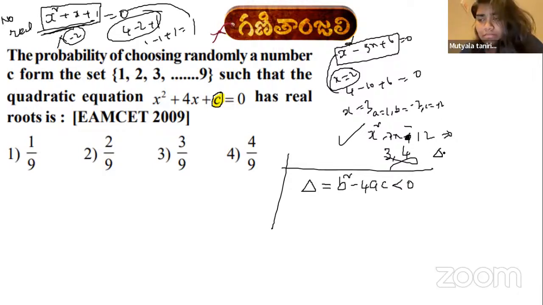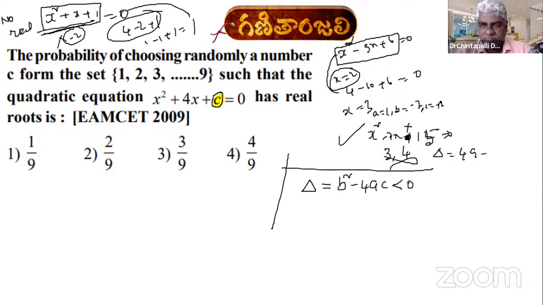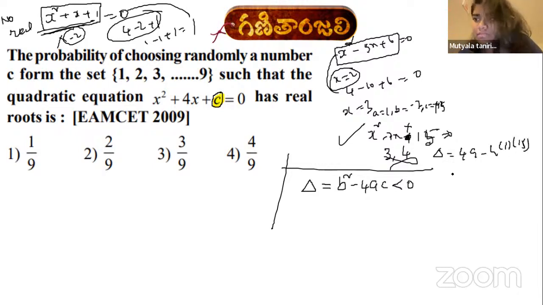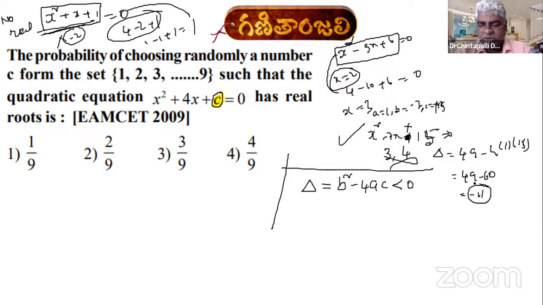Here the value of delta is b square minus 4ac, 49 minus 4 into 1 into 15. It is equal to 49 minus 60 is equal to minus 11. Is it positive or negative? Negative. That's why this equation doesn't have real solutions.